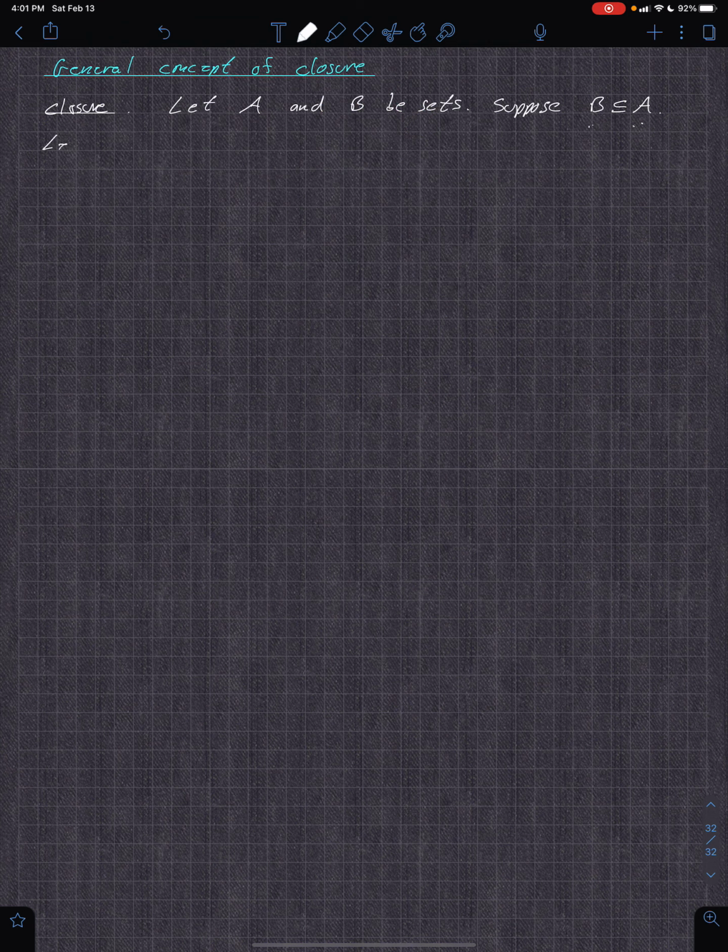Now we're going to just say star. So star is a binary operation. So let star be a binary operation of elements of A, which would include B, of course.